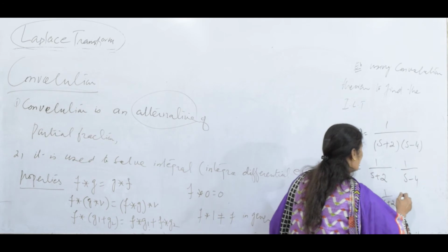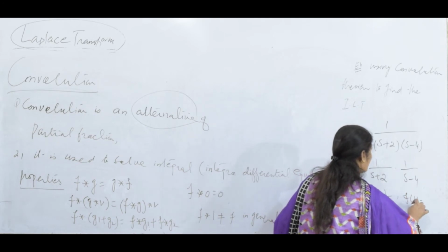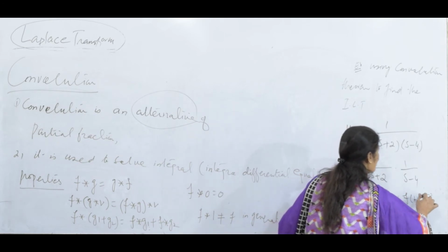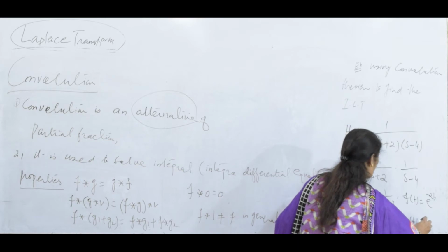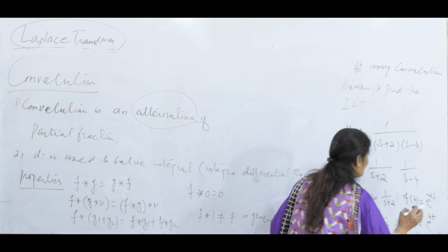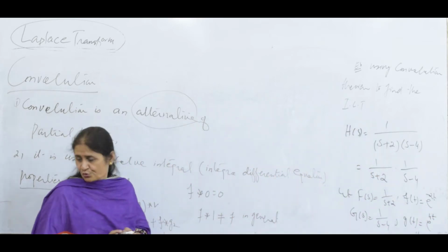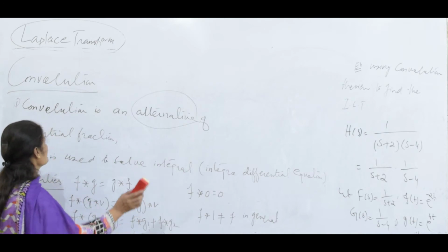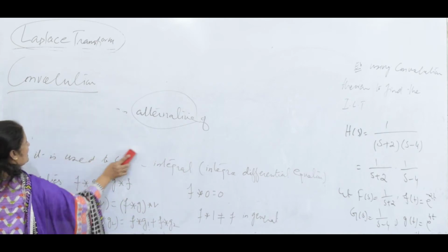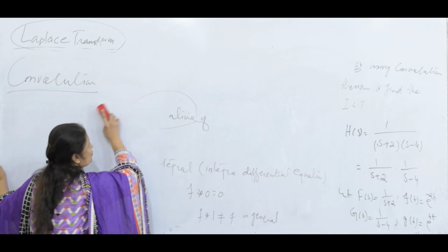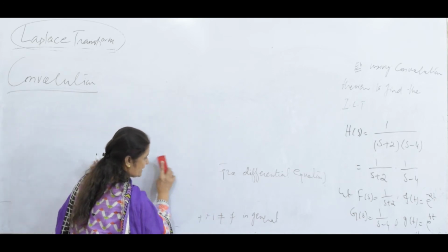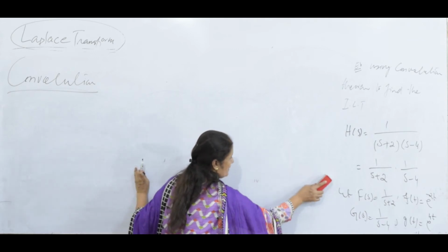Now once you name them, you can find their Laplace inverses, which are e to the minus 2t and e to the 4t. It is always possible to find the Laplace inverse.